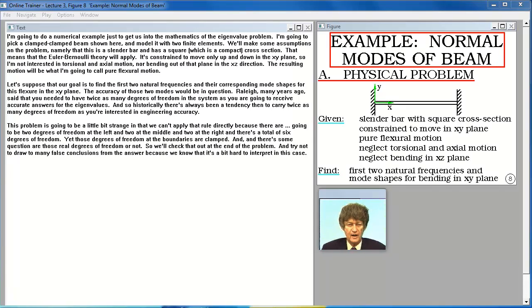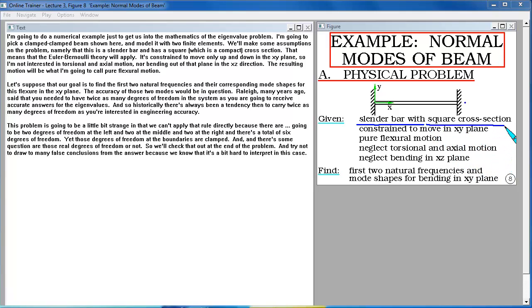I'm going to do a numerical example just to get us into the mathematics of the eigenvalue problem. I'm going to pick a clamped beam shown here and model it with two finite elements. We'll make some assumptions on the problem, namely that this is a slender bar and has a square, compact cross-section.